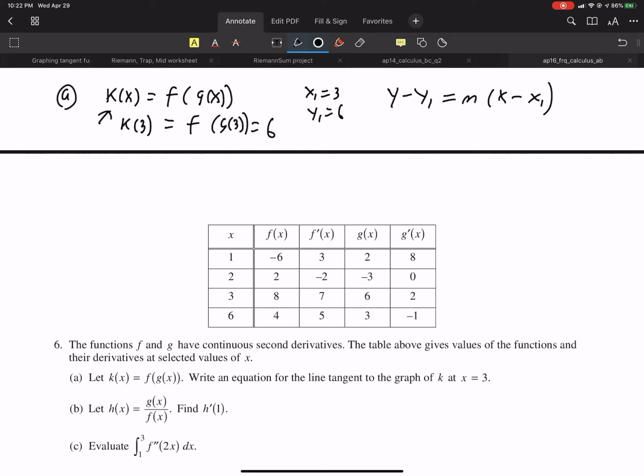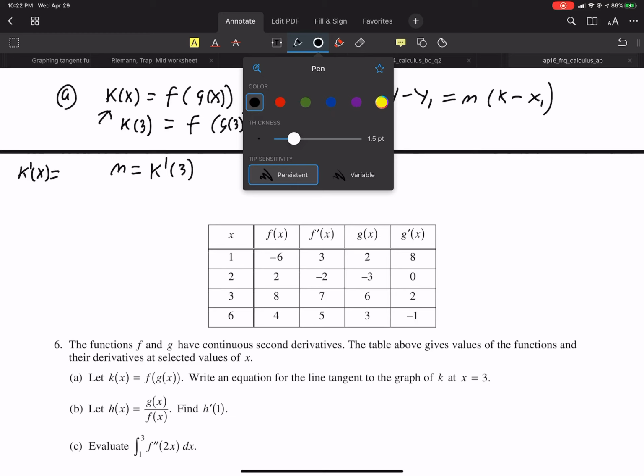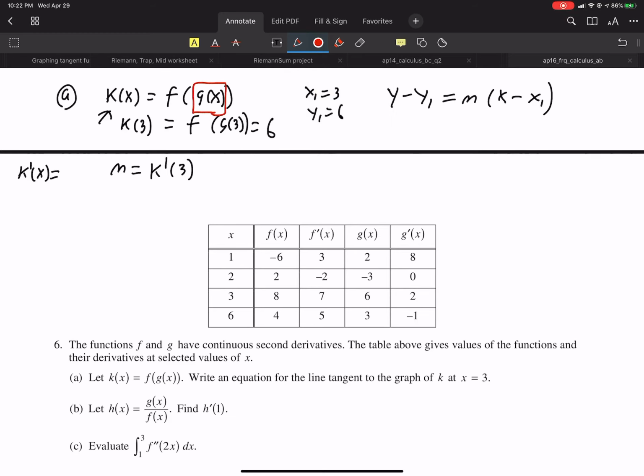Next, we need to know the derivative, because the derivative tells us the slope. So the slope will be k prime at 3, but we don't have k prime. So over here, for the derivative of k, we have a chain rule. It's f of box. What's the derivative of f of box?